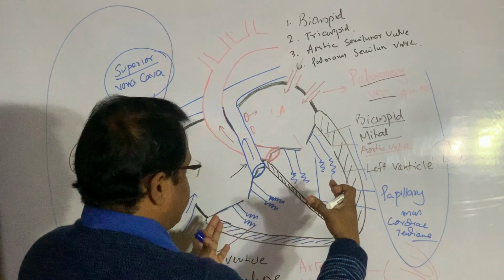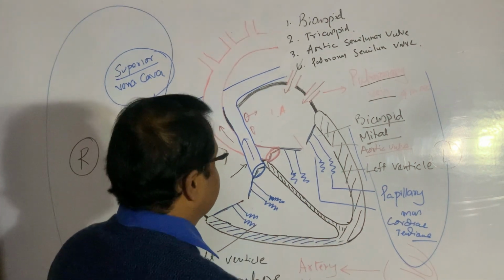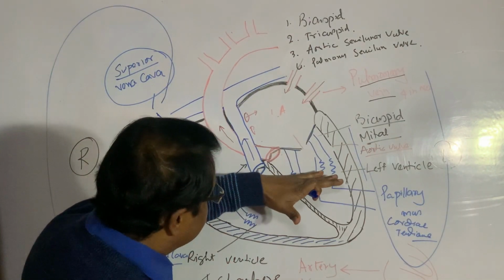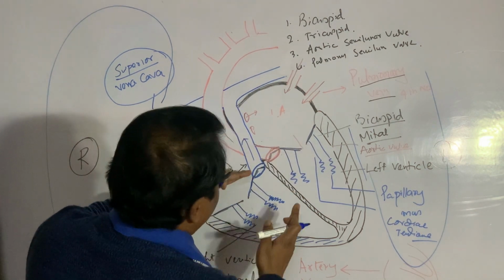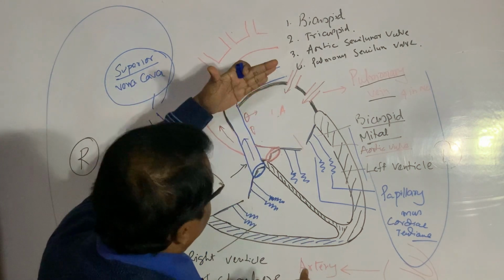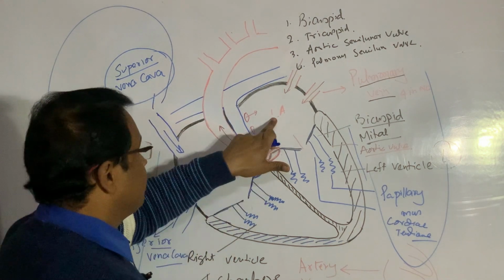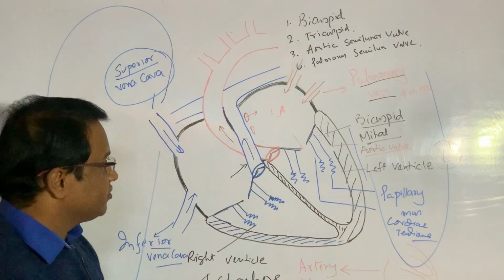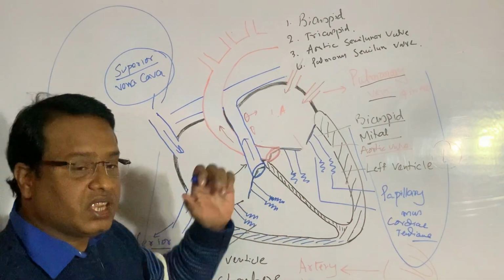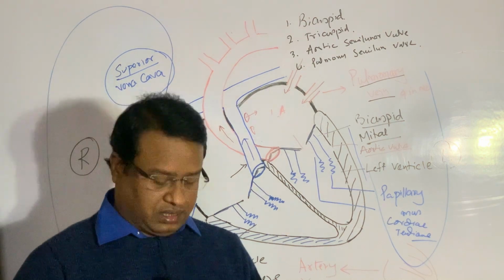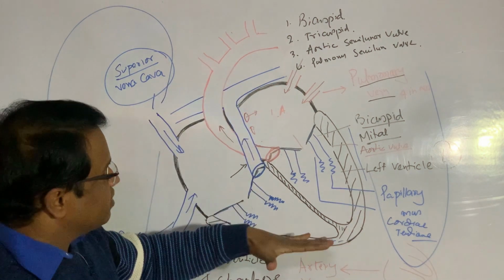During systole, huge pressure is generated in the left ventricle and right ventricle, and this tendon and this muscle prevent the valves from flipping back. Okay. Now I have finished the anatomical structure.